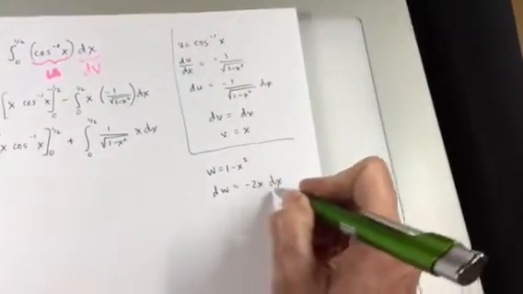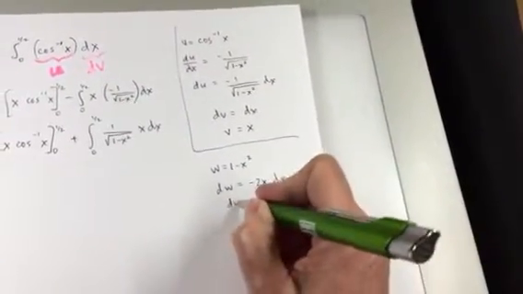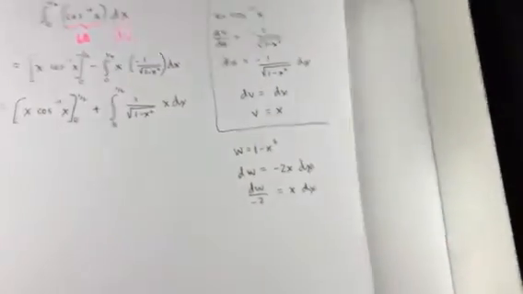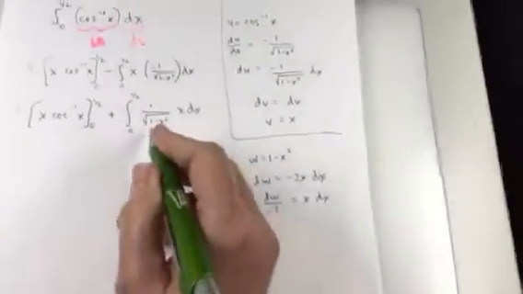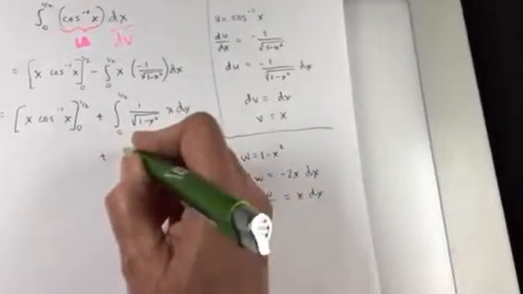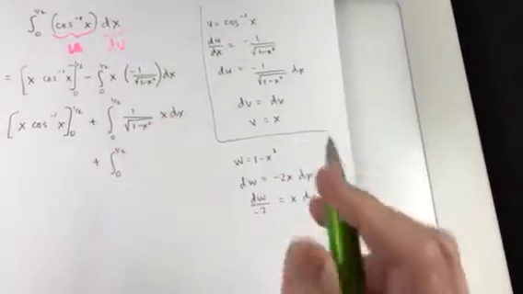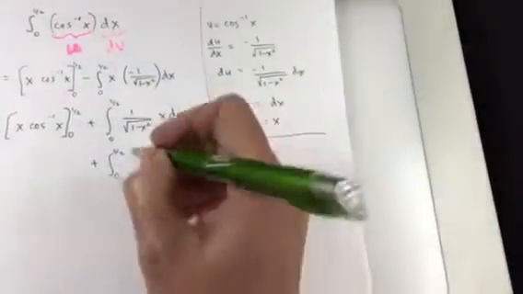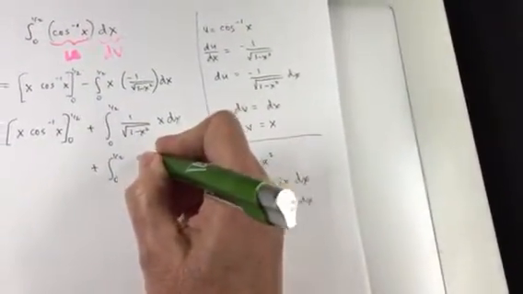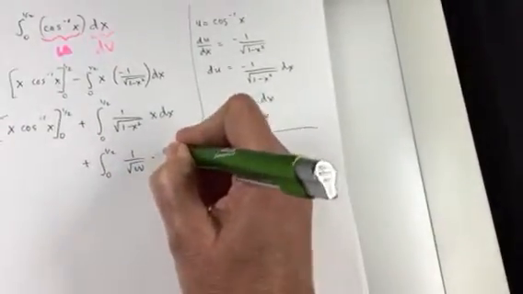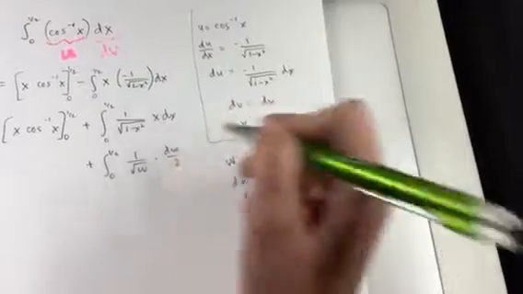So if I solve this for x dx, dw over negative 2 is x dx. So this part of the problem, let me write this: 1 over the square root of w, dw over negative 2.